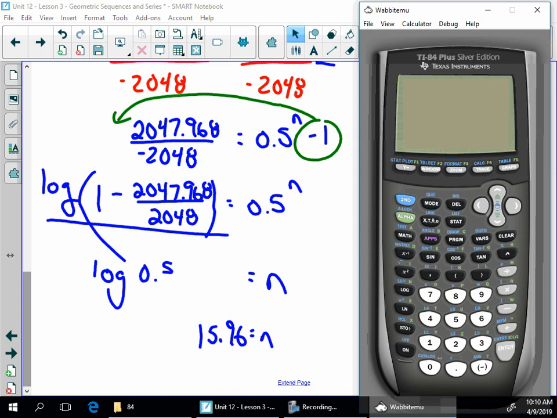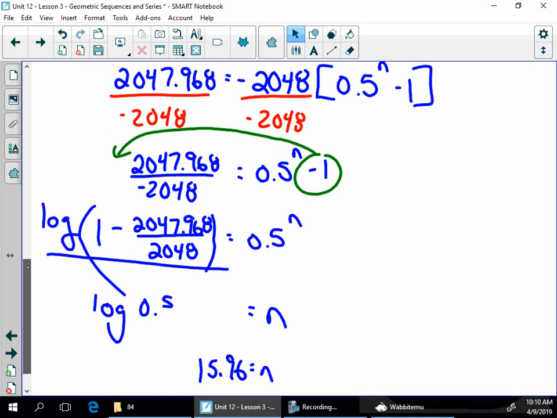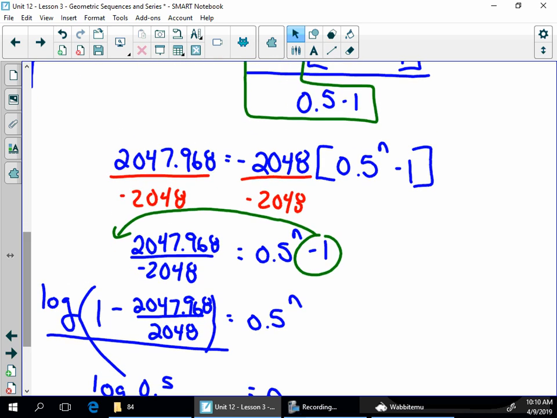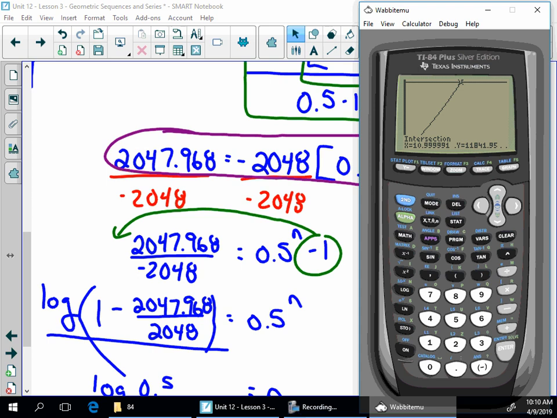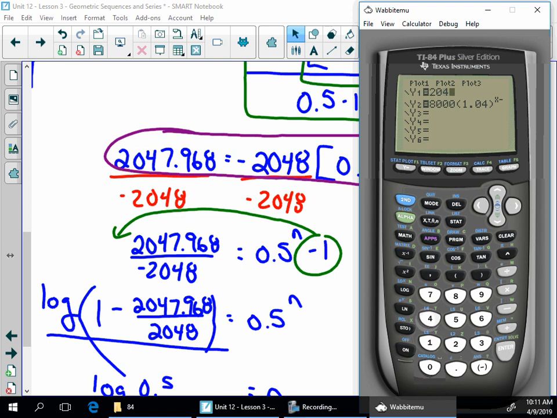Maybe this would be where the calculator comes in handy, because I can actually go back a few steps, way back up to the top in fact, and put that equation in kind of the way I want it, as in I can put all of this in at one time and find the point of intersection. How's that going to look? Let's give it a try. So back to our equations. Clear that one out. 2047.968.